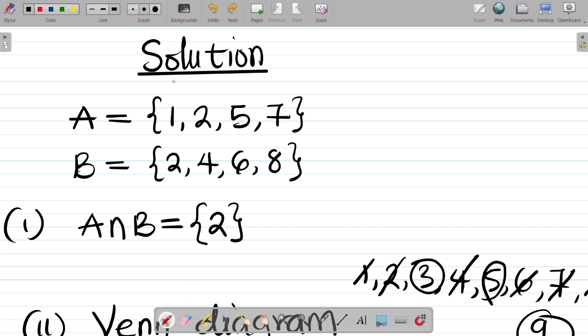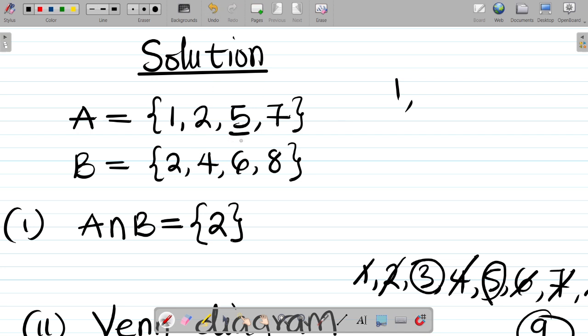If I look at the elements in A, I have 1, 2, 5, 7. If I look at the elements in B, I have 2, 4, 6, 8. So if I do A minus B, it simply means those elements that I have in A that are not in B. For instance, I have 1 in A, 1 is not in B. So I'll have 1. I have 2 in A, 2 is in B. So I won't write that.